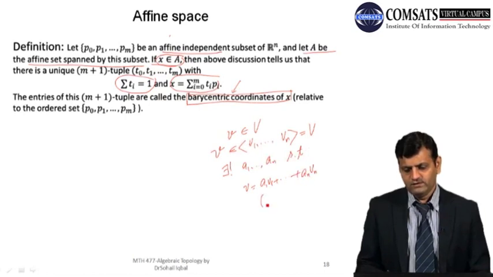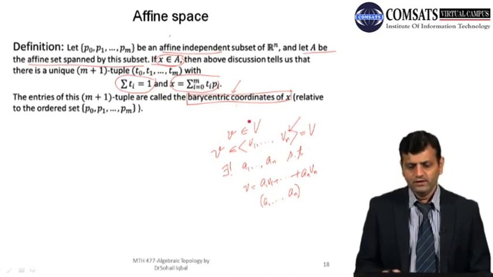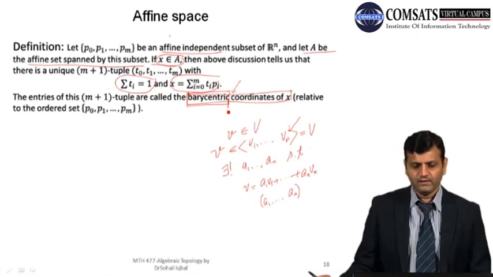So we can say that a1 up to an are the coordinates with respect to this basis. Instead of the word coordinates, we are using the word barycentric coordinates. Once again, it has some reasons behind it, but it is irrelevant to our further discussion, so we are going to avoid it.